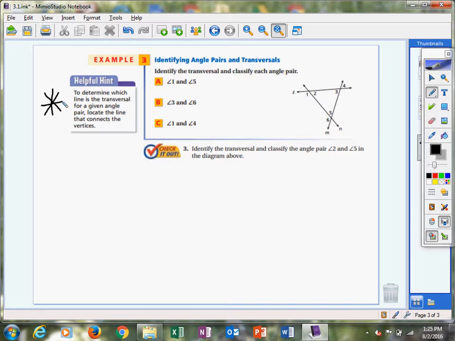All right, so let's start with our first angle pair in letter A. Angles 1 and 5. Now look at the vertex. You know that that's a place where two segments or two lines meet, forming a point.